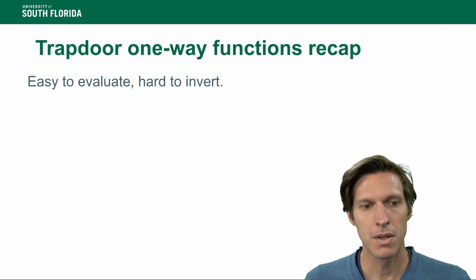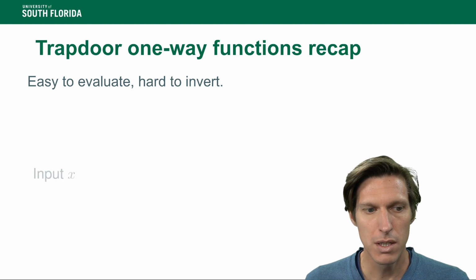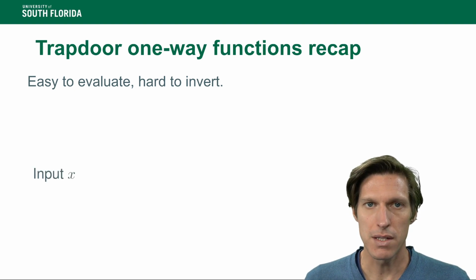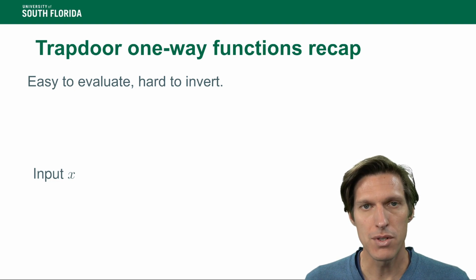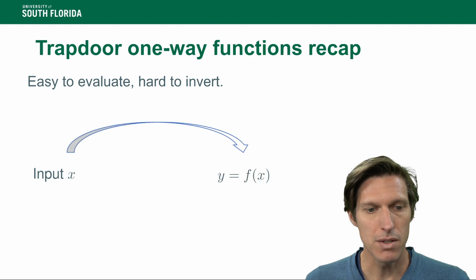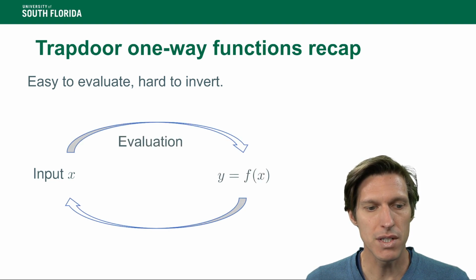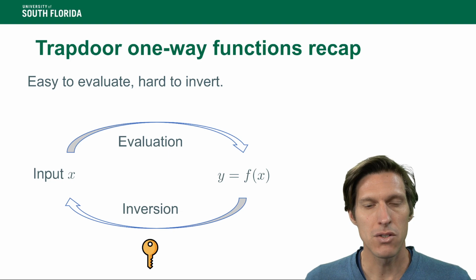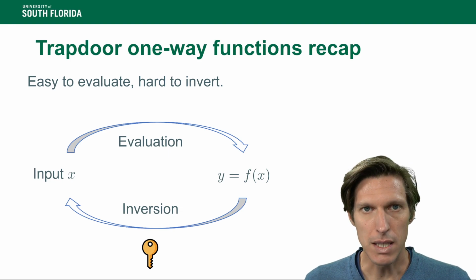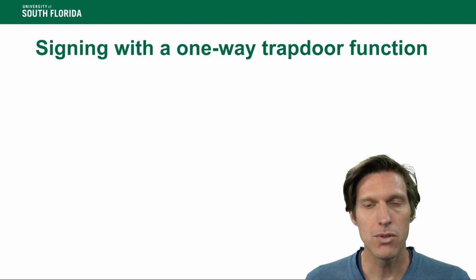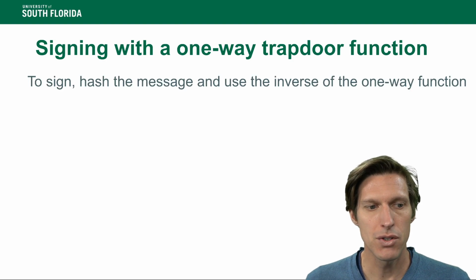Okay. So how can we use trapdoor one-way functions? A quick recap on what they are. It's a function that is easy to evaluate for people with the public values, and hard to invert unless you know a secret. Okay, so evaluation is easy, and inversion is only easy if you have a key. So how can we use a trapdoor one-way function to sign?